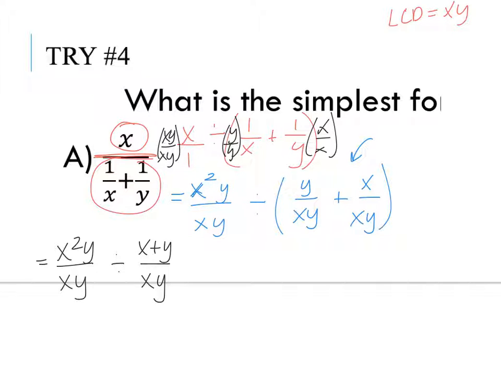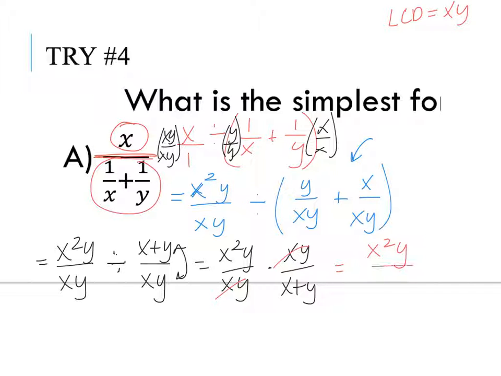Now again, because this is division, I need to flip this second one. So it becomes x squared y over xy times xy over x plus y. I can clearly see that xy is a common factor. It's gone. And so I'm left with x squared y over x plus y. And that is our most factored form, so our simplest form.